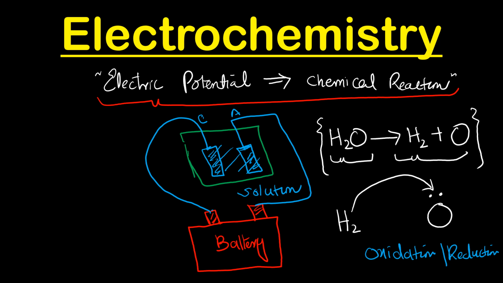In this condition, external potential is applied on a chemical solution, and this potential breaks the binding energy of the atoms present in the solution of a chemical, like H2O into H2 plus O, and in this way electricity breaks the chemicals or solution into different kinds of ions. This is the second way of studying electrochemistry. So this is all about the introduction to electrochemistry.